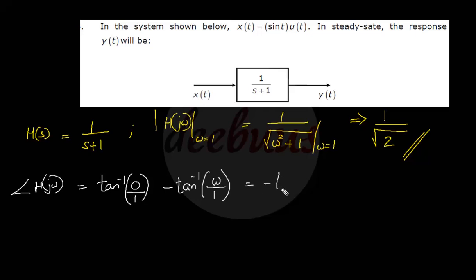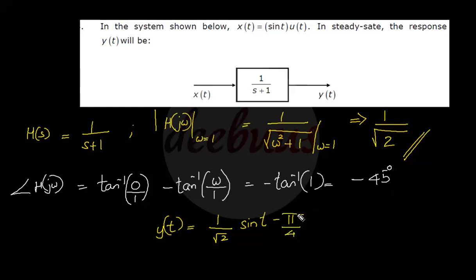This is minus tan inverse of omega, which is 1, so minus tan inverse of 1 equals minus 45 degrees. So the answer is y of t equals 1 by root 2 sin of t minus 45 degrees. 45 degrees is actually pi by 4. So this is the answer.